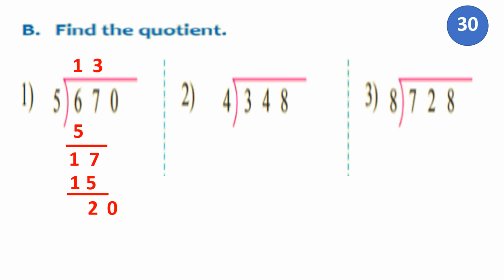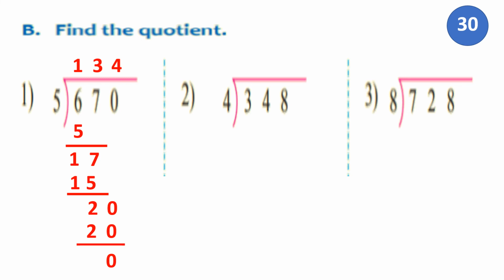Now you have 20. 20 divided by 5 is 4. 4 times 5 is 20. Then you subtract this one. 20 minus 20 is 0. Right, students? Okay, this is your answer number 1, 134.